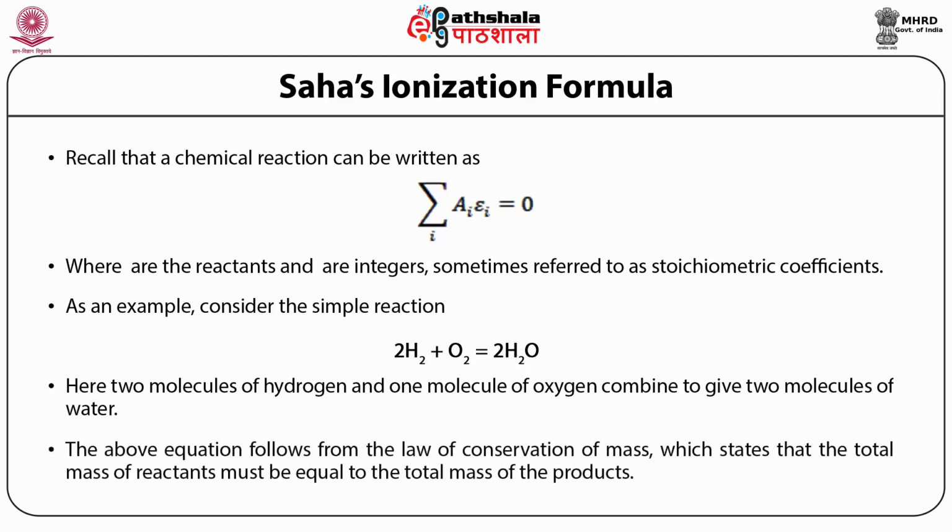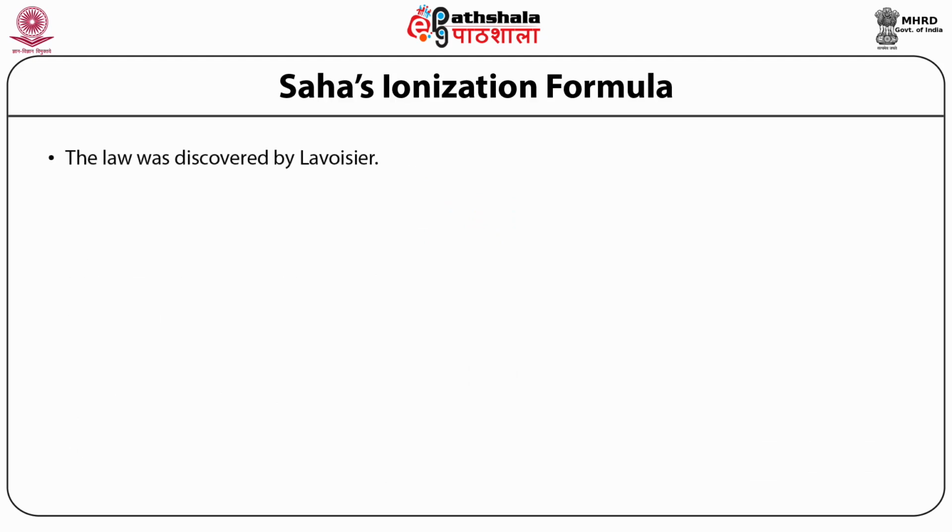The above equation follows from the law of conservation of mass, which states that the total mass of the reactants must be equal to the total mass of the products. The law was discovered by Lavoisier.